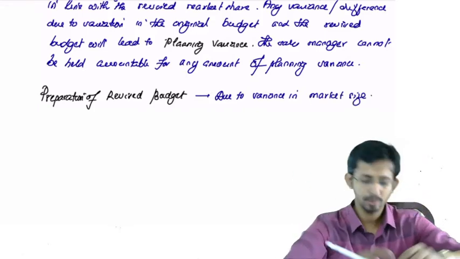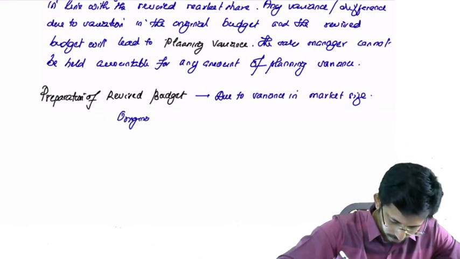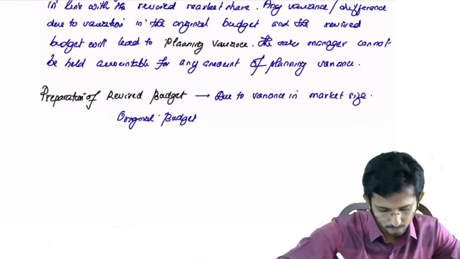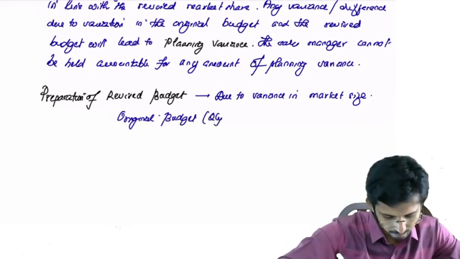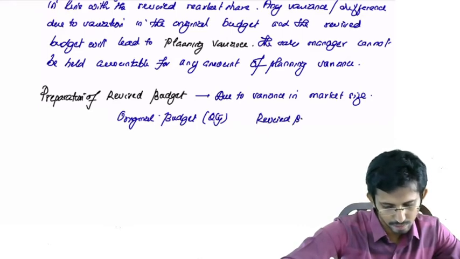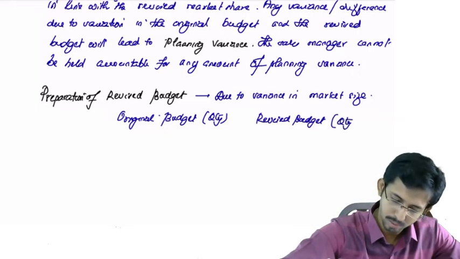Okay, you can write what? You can have the original budget quantity, then revised budget, this is also quantity.